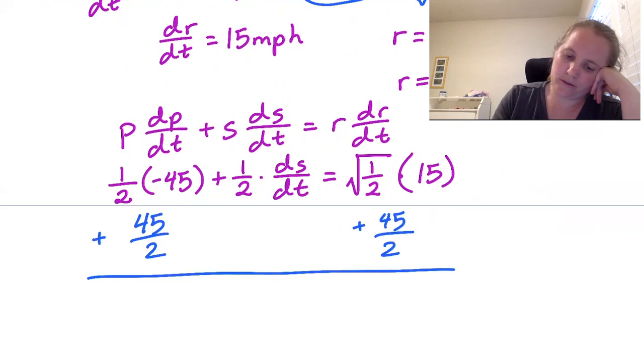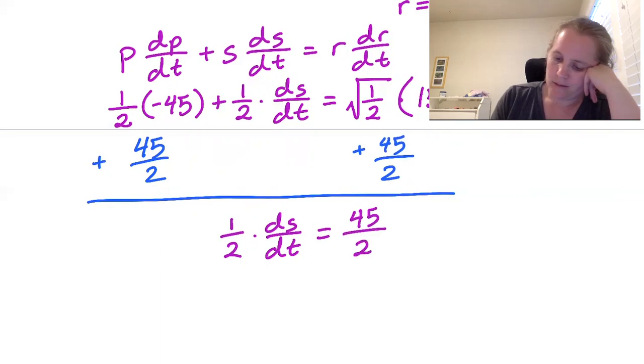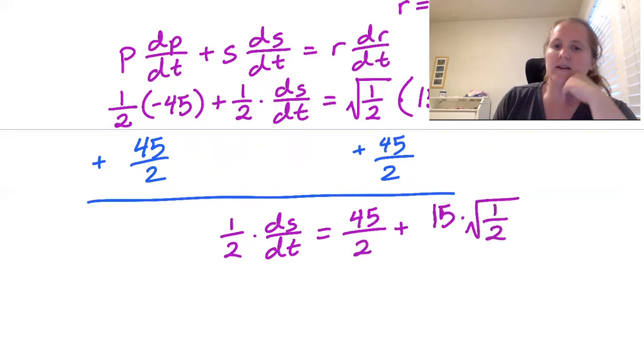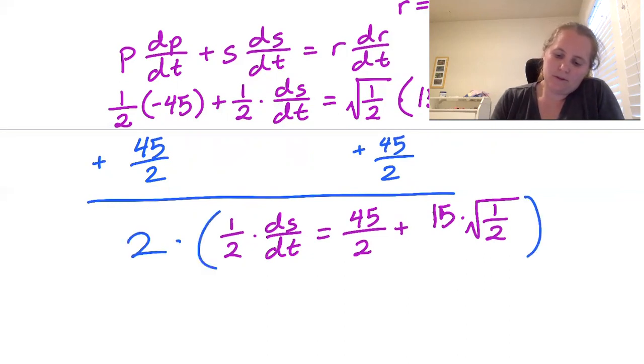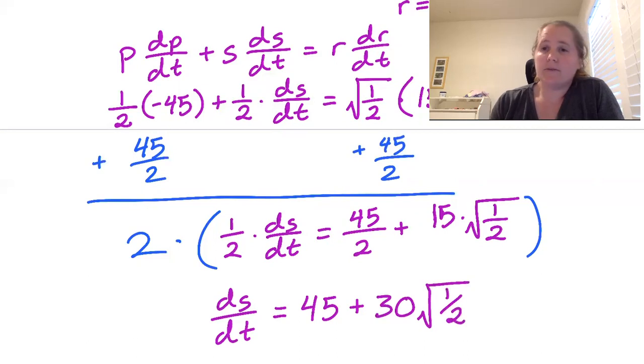And we would have 1/2 times ds/dt is equal to 45/2 plus 15 times the square root of 1/2. And if we multiply both sides by 2, we wind up with ds/dt is equal to 45 plus 30 times the square root of 1/2.